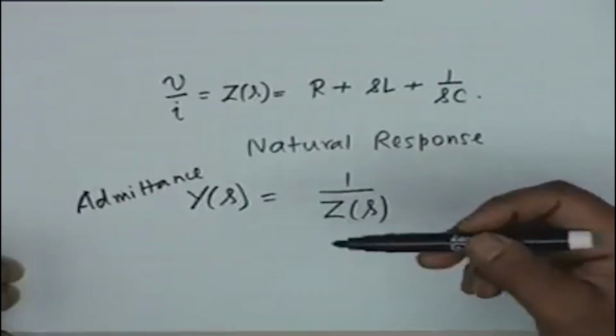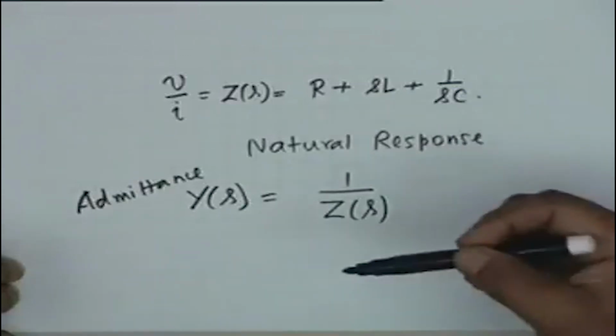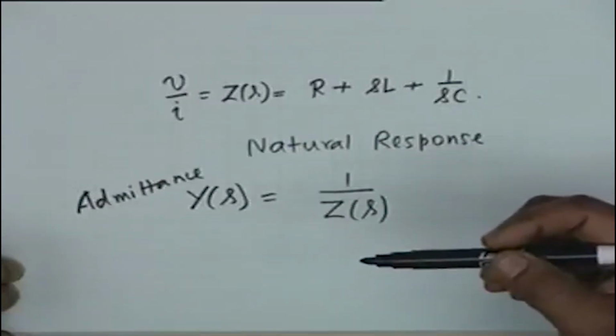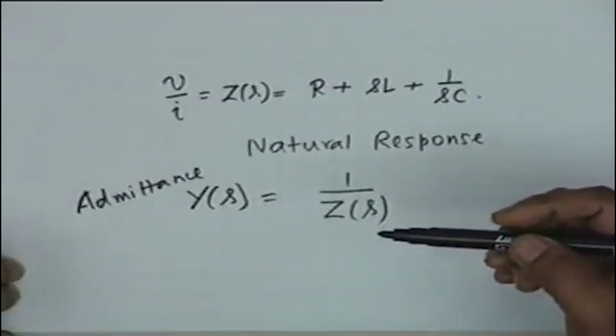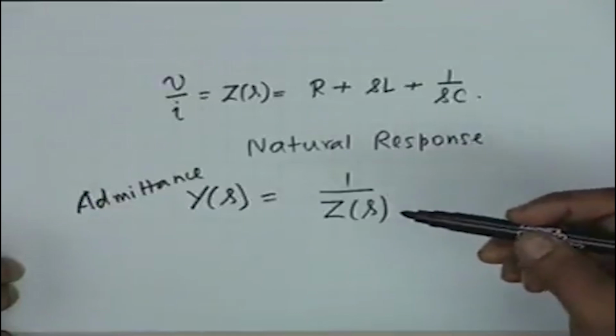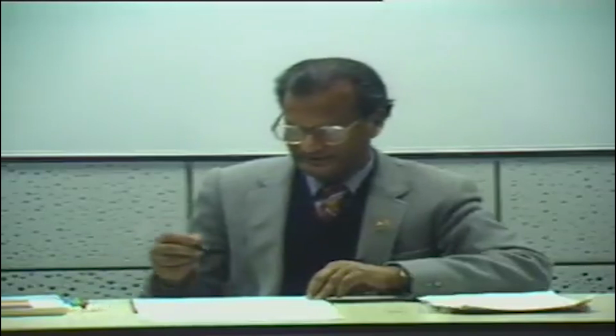They are very simply related. Y of s can be defined as the ratio of the current to voltage when the excitation of the two-terminal network is of the form e to the power st with the network initially relaxed. That condition is important.